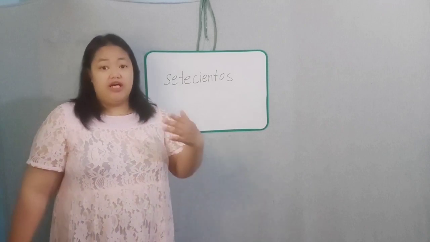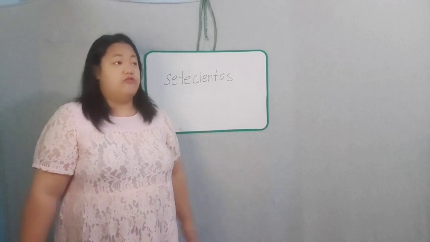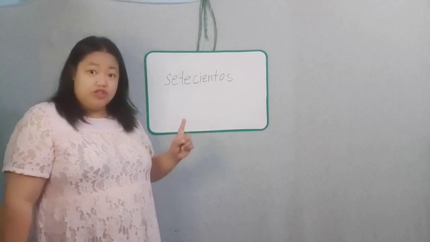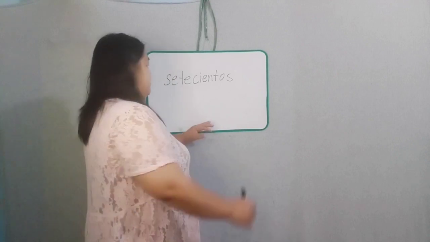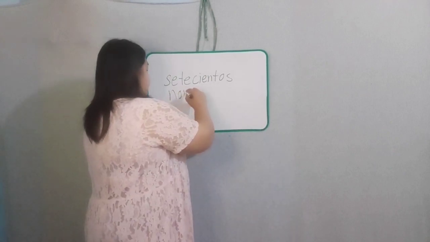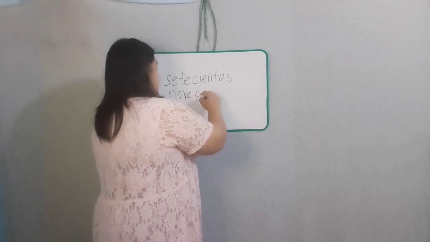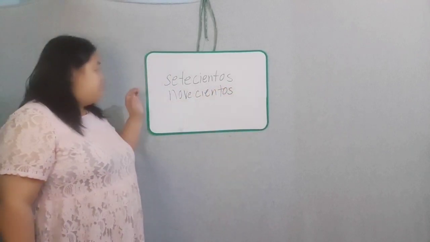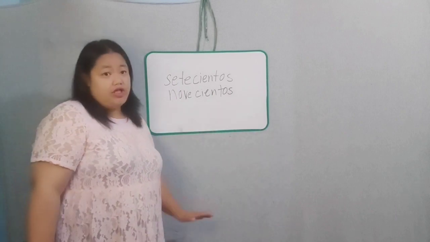Okay. 800 is ochocientos. It's the same. Now, our 9 is also a rule breaker. So instead of nueve, you put novecientos. Okay. So that's 900.